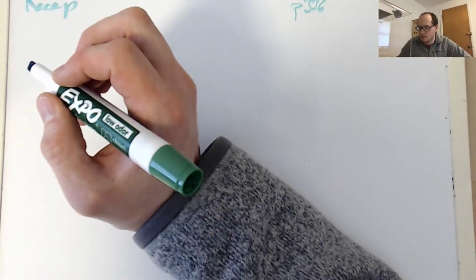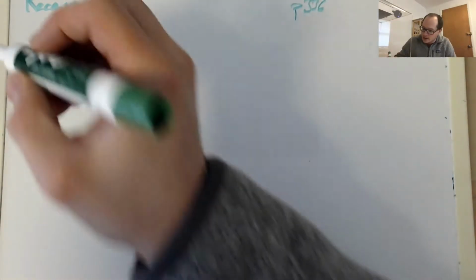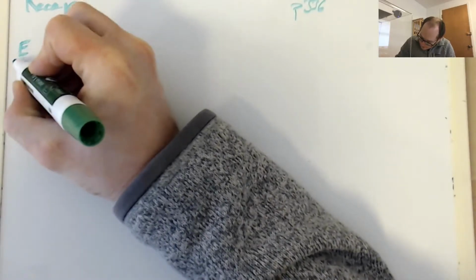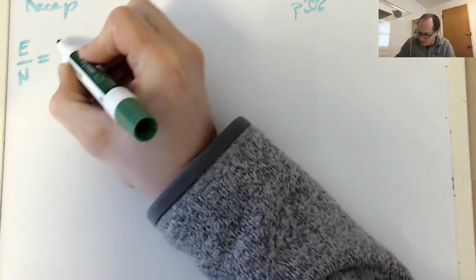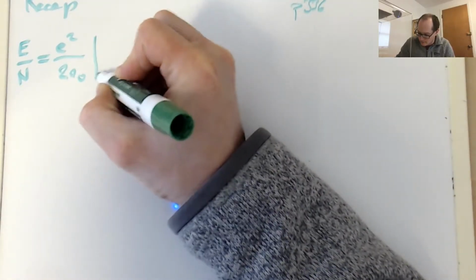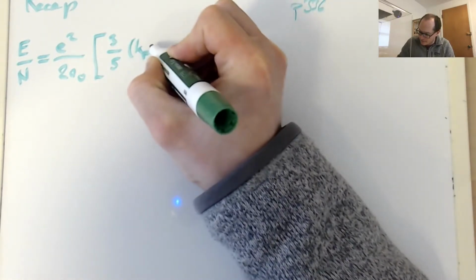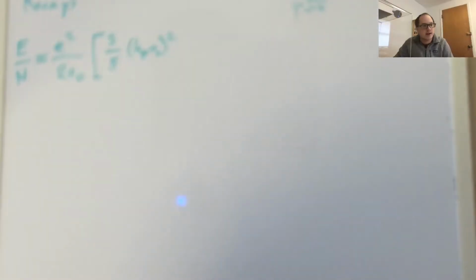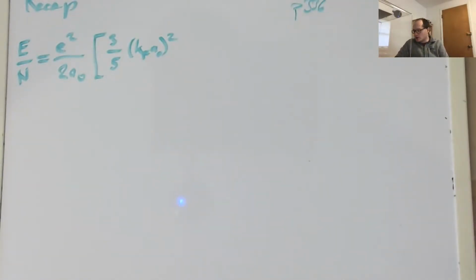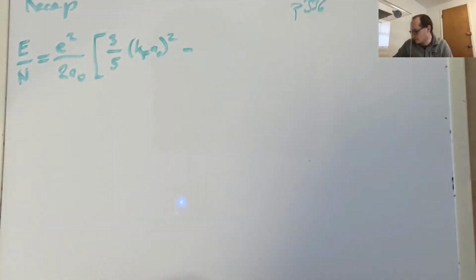Remember, the approximation was having a single fully anti-symmetrized Slater determinant, and per particle we found an energy which was, up to the prefactor e squared over 2a0, given by 3 over 5 kF a0 squared. If you go all the way back in your book and also in what we did at the very beginning, that was something that we had back there, essentially from just the Hartree contribution.